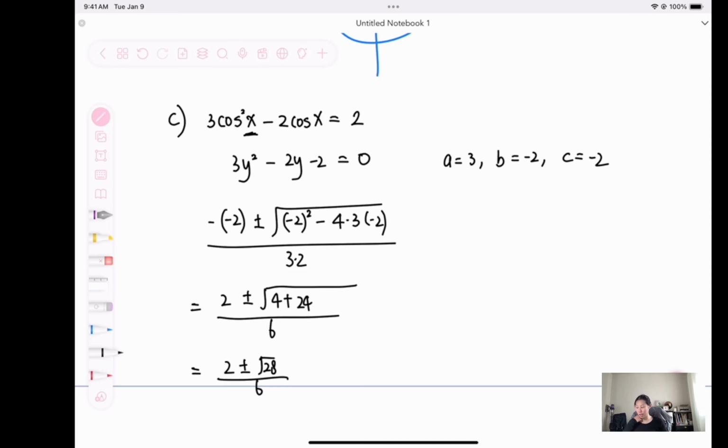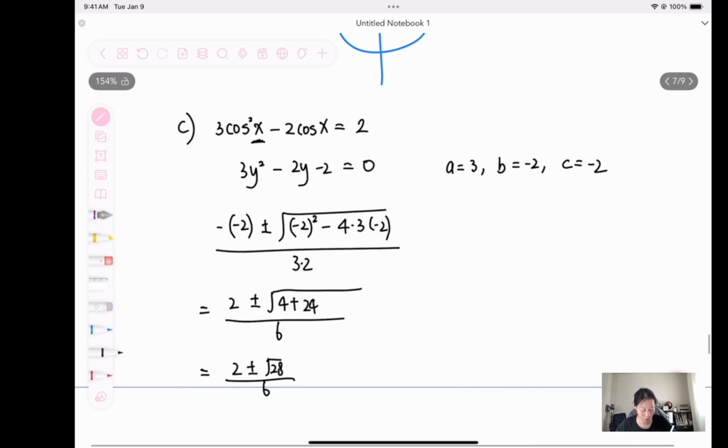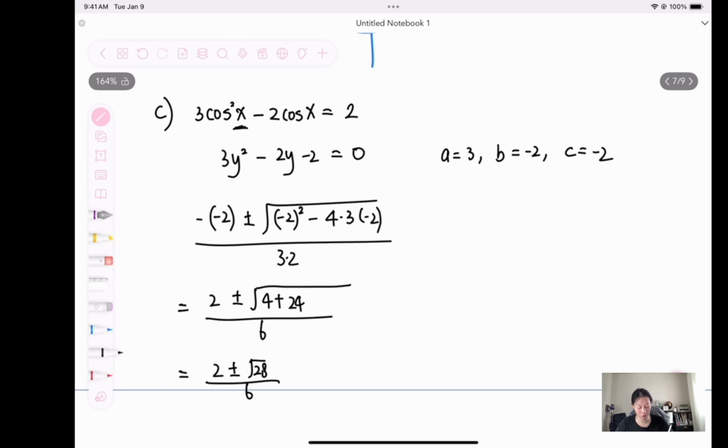Square root of 28, we can factor the 4 out, so we can write it as square root of 4 times square root of 7. Simplify it. They are both divisible by 2, so my answer would be 1 plus or minus square root of 7 over 3.